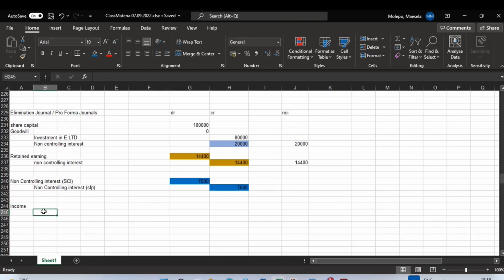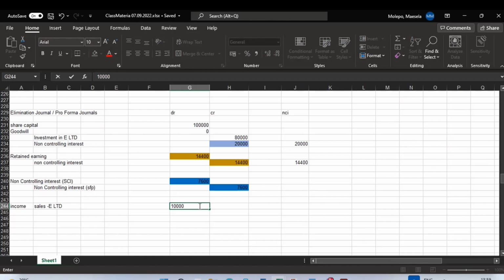So now because you are eliminating, you're going to say sales, it was E selling. So we are decreasing that sales of 100,000. Remember, they told us that for the year 100,000 was used as sales. Then here it will be cost of sale. We're also deducting it in the books of D Limited.